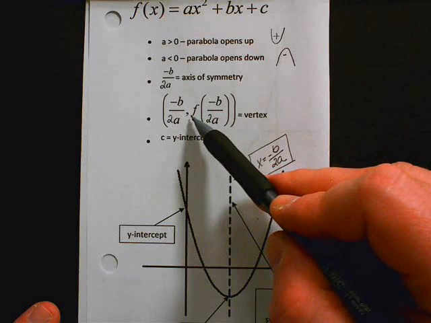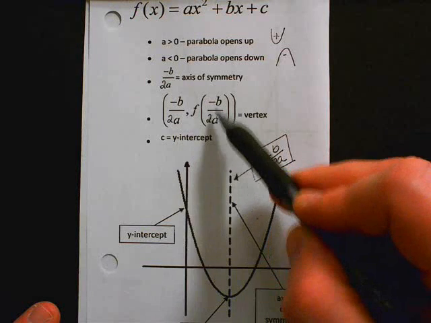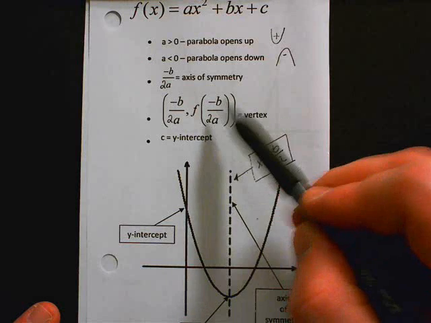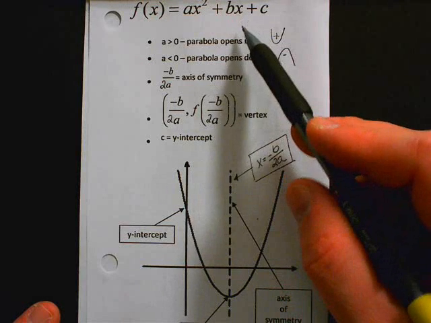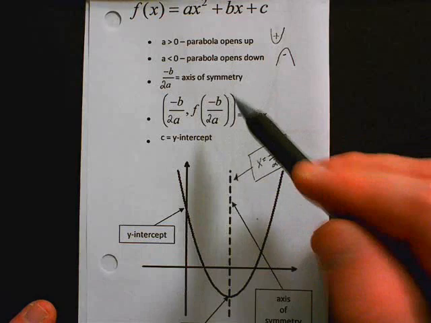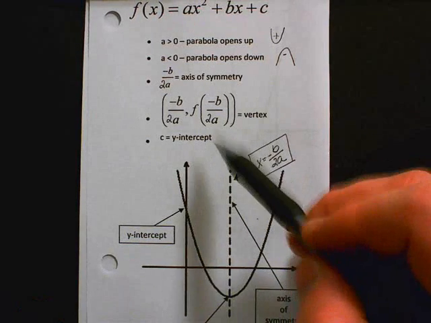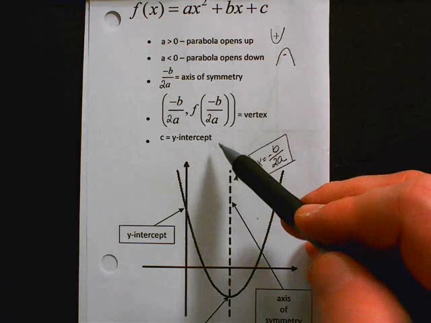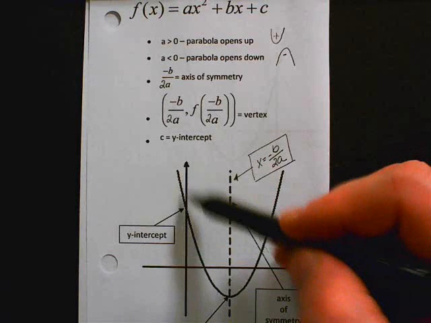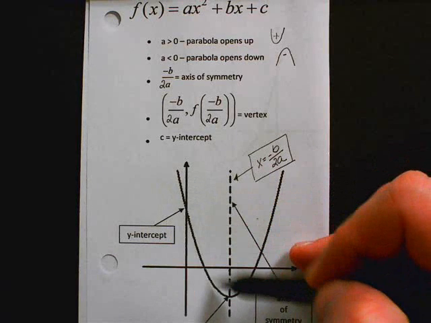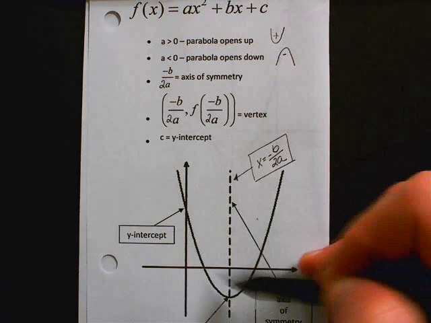We're going to talk more about this in a second too. And the last thing about definitions is the y-intercept. If the graph touches the y-axis, the y-intercept will be c, or in other words, the point (0, c).